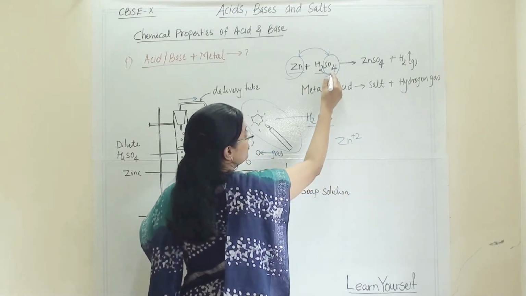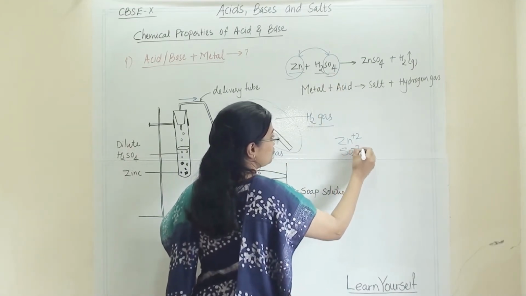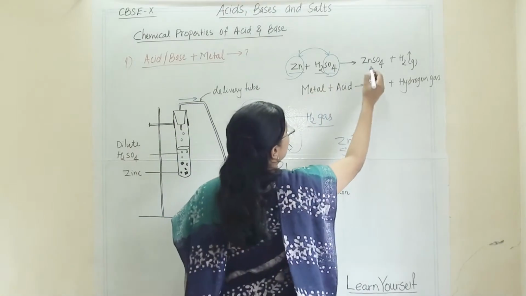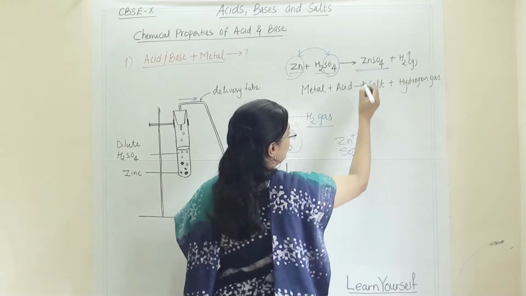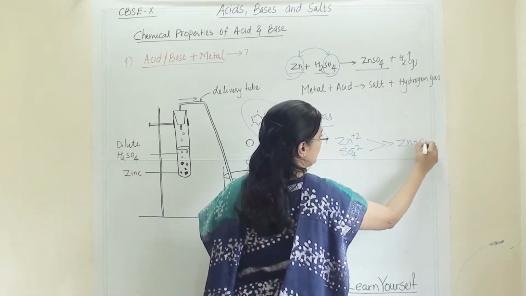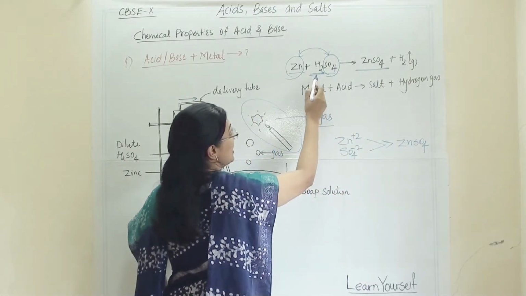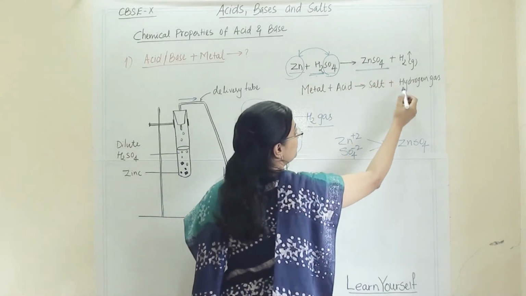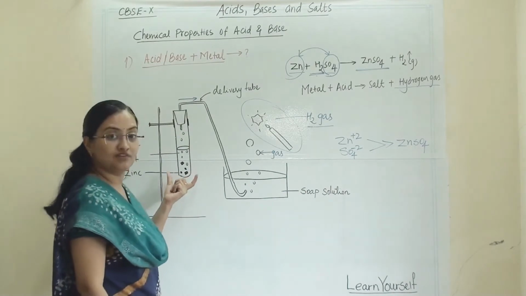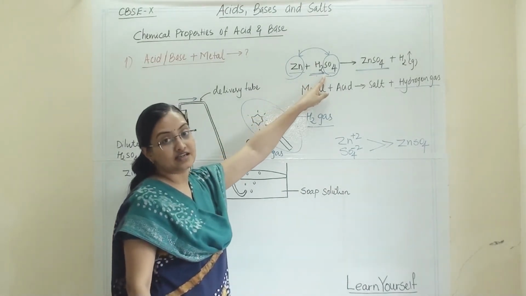It will react with SO4, which is negative, SO4 2-. The combining capacity of both is 2, so they form a salt, ZnSO4. Whatever is left is H2, which we get as the evolved gas. So hydrogen gas will evolve when metal and acid react with each other.